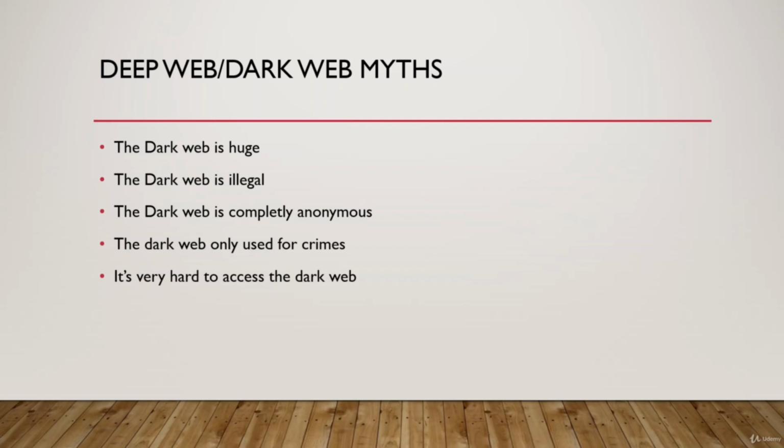You have places where you have a lot of knowledge. So once again, it's not hard to access the dark web, but it's harder to know how to navigate it the right way. You don't really need to be an expert to get access to these websites.